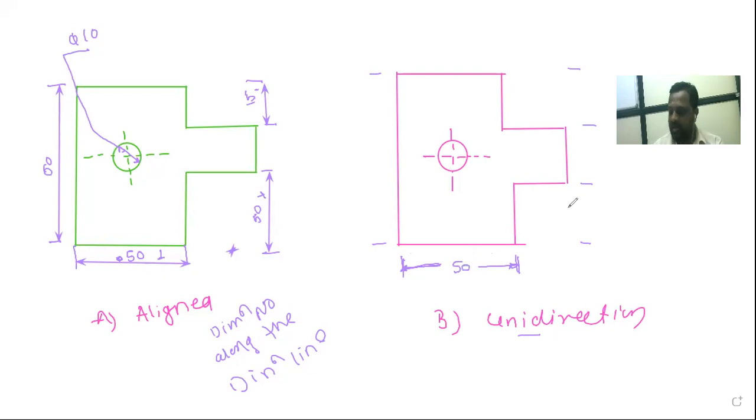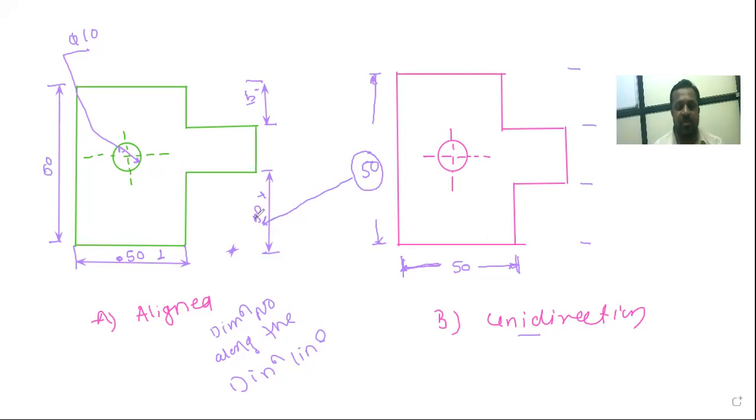Again, suppose we have to show this dimension like this, and here we have to write down the dimension number. You have to observe how I'm going to write here. So this is the dimension number in the unidirectional system, and this is the dimension number in the aligned system.